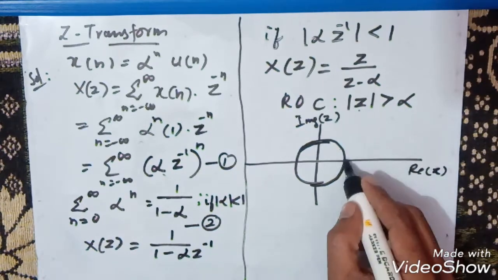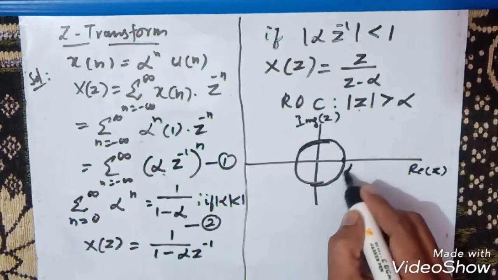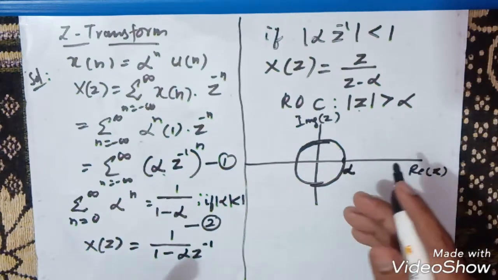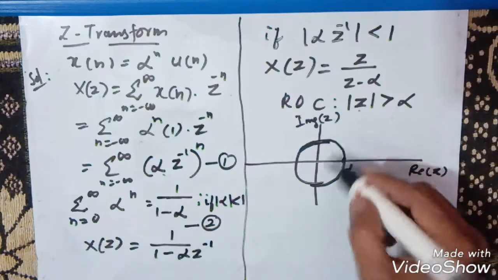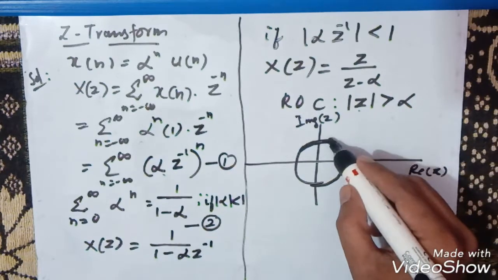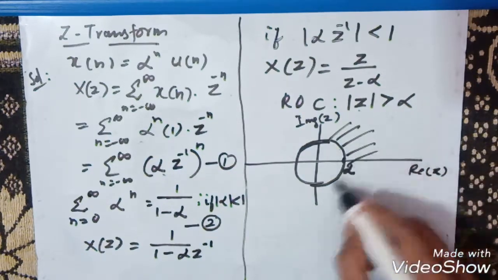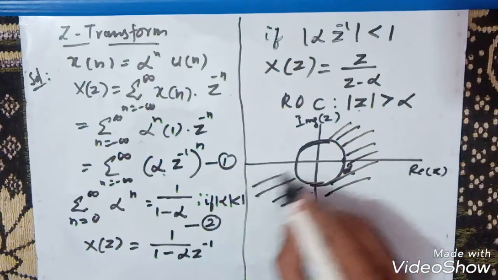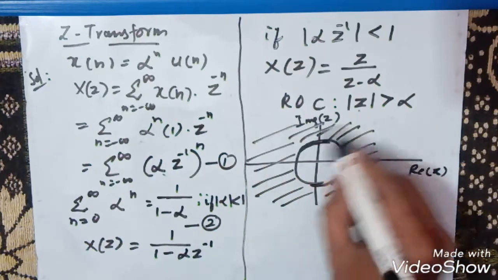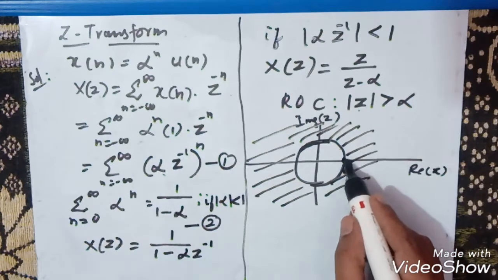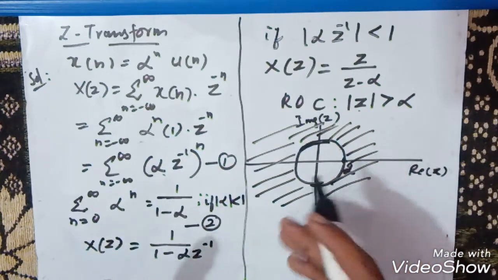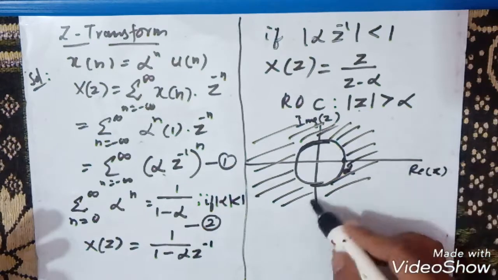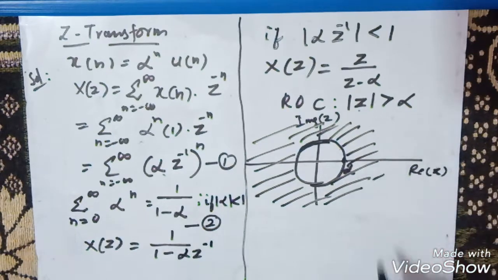So that means, suppose this circle is of radius r, the region of convergence I'll show with this shaded region. This is the shaded region which is outside the circle. This is the region of convergence, which is outside the point alpha.